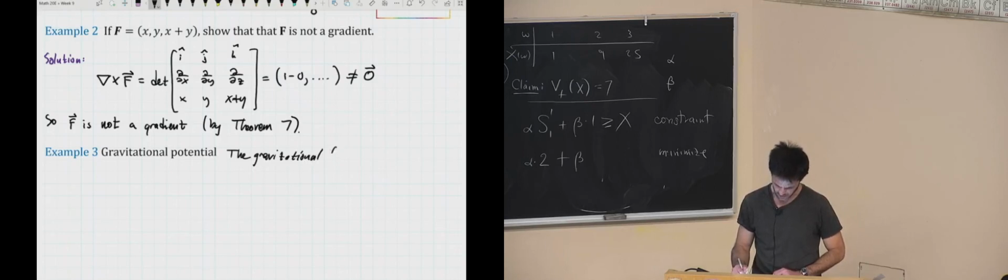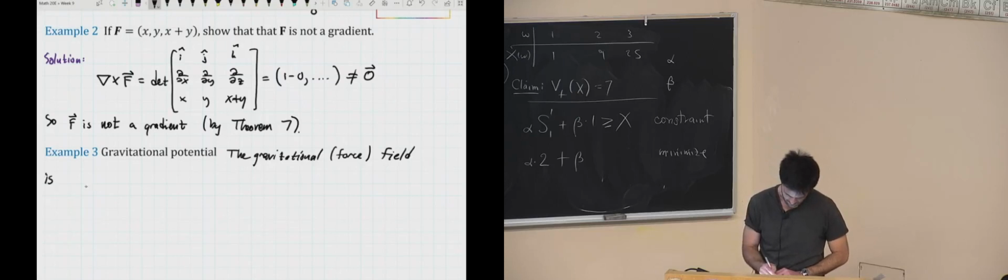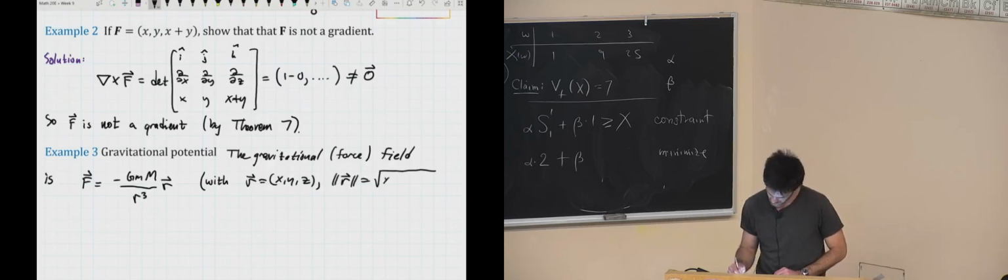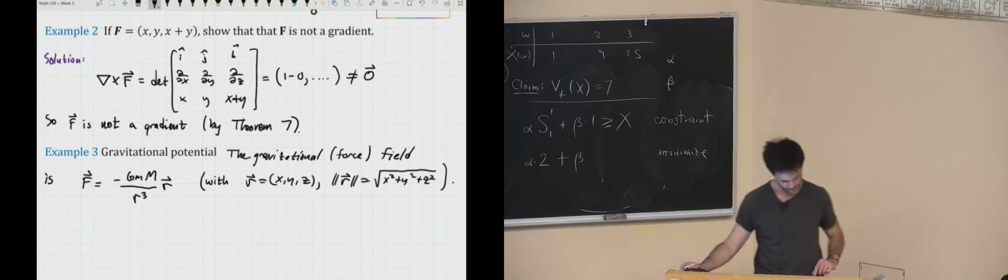The gravitational force field is some constants and product of the masses divided by r cubed times r.